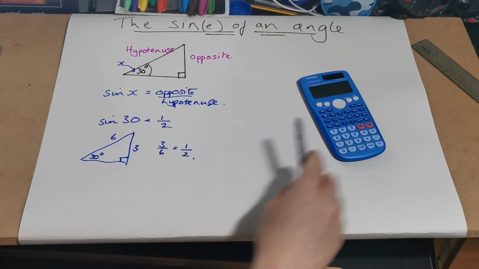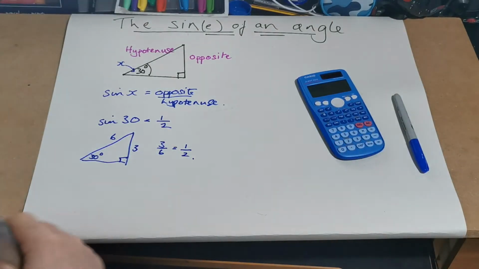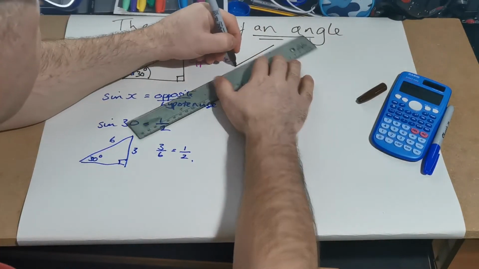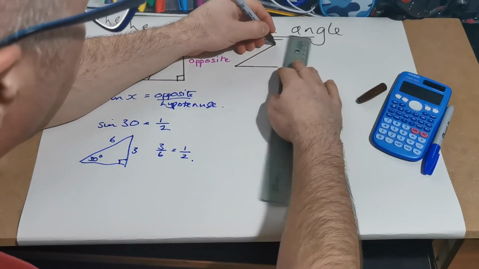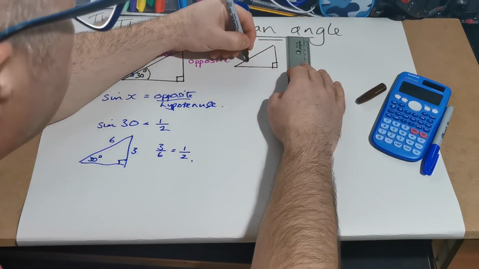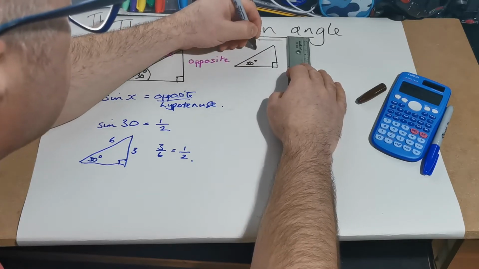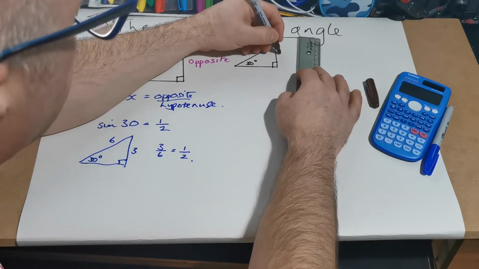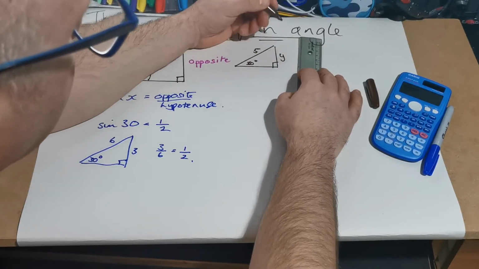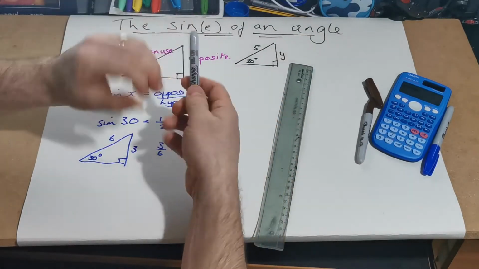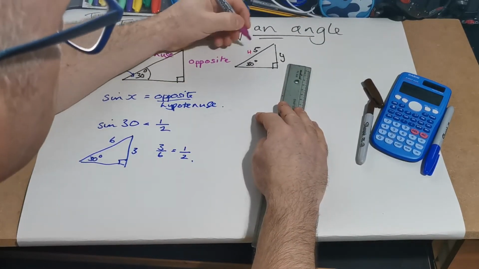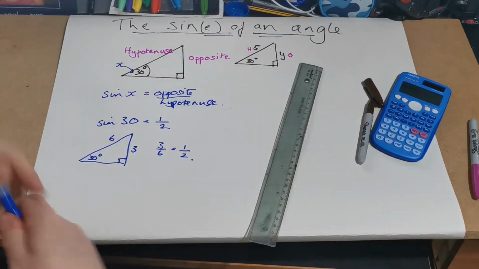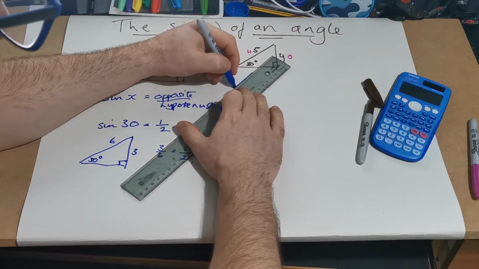Now we can use that to work out sides that we don't know. So for example, if I had 30 degrees there and this was, what should we say, 5, and I wanted to work out what was here, I can say, right, that's my hypotenuse and that's my opposite, and I'm going to use an algebra triangle to help me work things out.